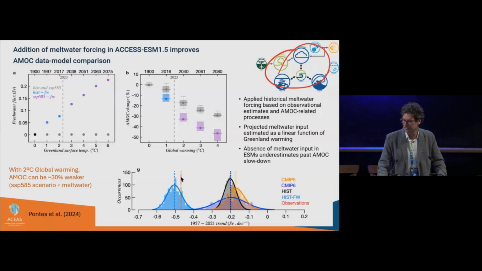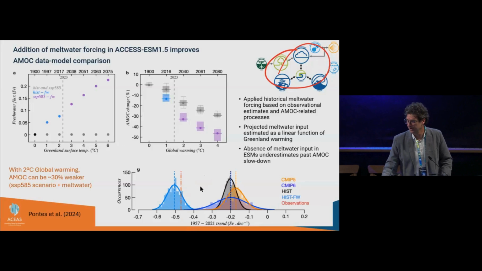So the intent of this work is to see whether this mismatch between observed and modelled trends in the historical record is due to the role of freshwater forcing from Greenland melting. And when Gabriel adds freshwater to his simulation, you see that there is a shift in the trend, and it's much closer to what we've observed in the historical records.